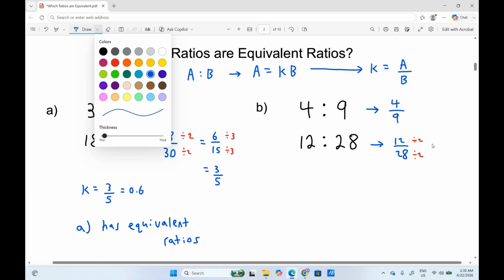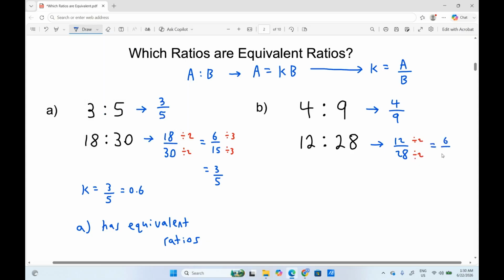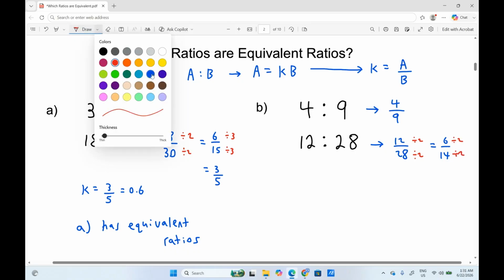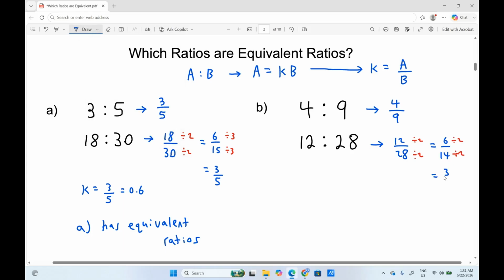So now that's going to get me 6 over 14. And I'm going to once again divide both the top and bottom number by 2. So that's now going to get me 3 over 7. And because 3 and 7 are prime numbers, I can't reduce any further.